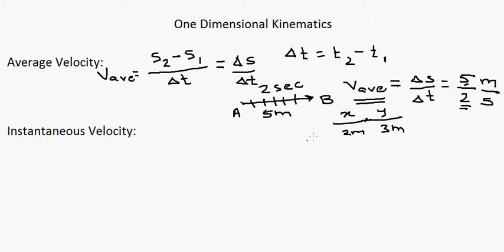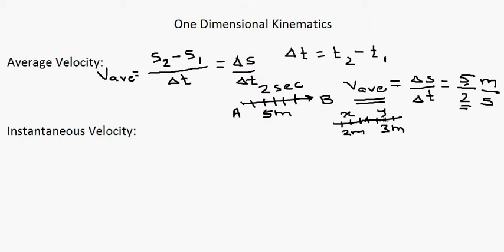But if I have to find the velocity at an instant, I have to do some other procedure. Right. So average velocity and instantaneous velocity will be the same if the velocity is constant over the journey.